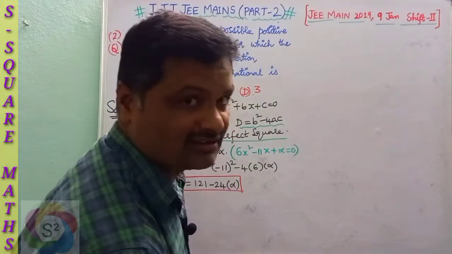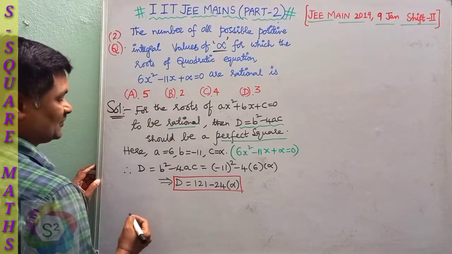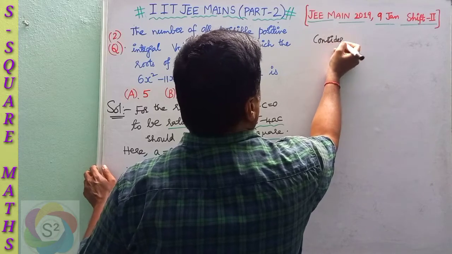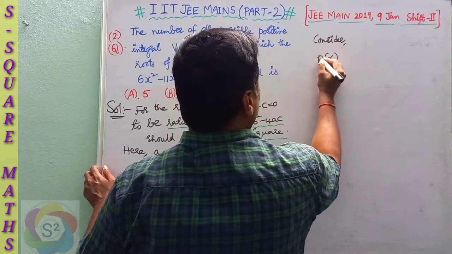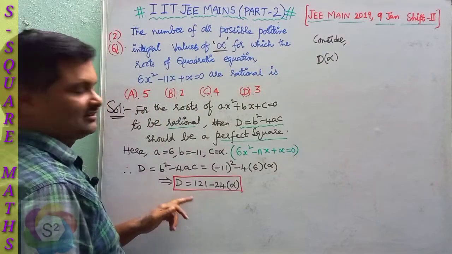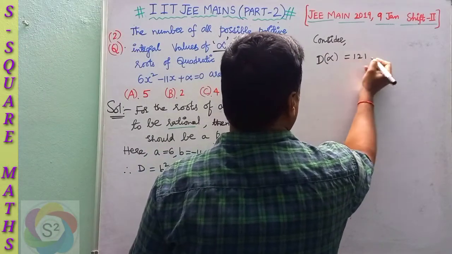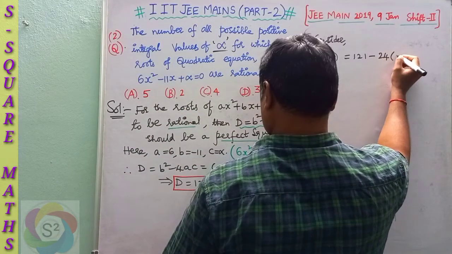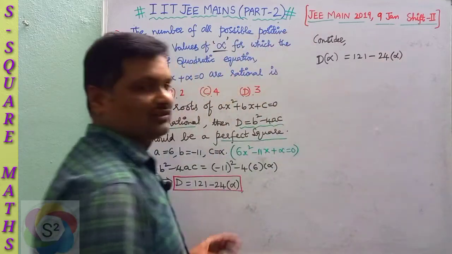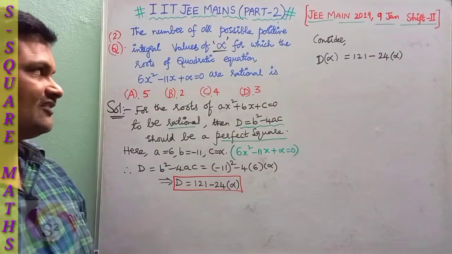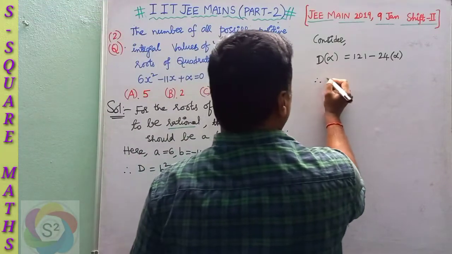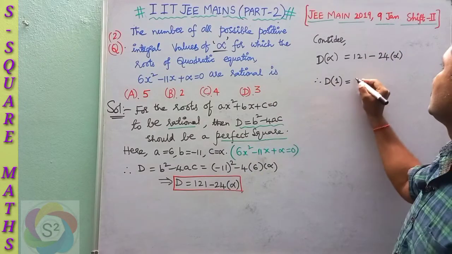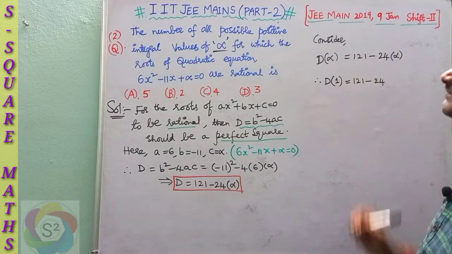So now let us go through the values. Consider D of alpha, nothing but 121 minus 24 into alpha. So let us go through various values of alpha here. So now therefore D of 1, alpha is equal to 1, so 121 minus 24.